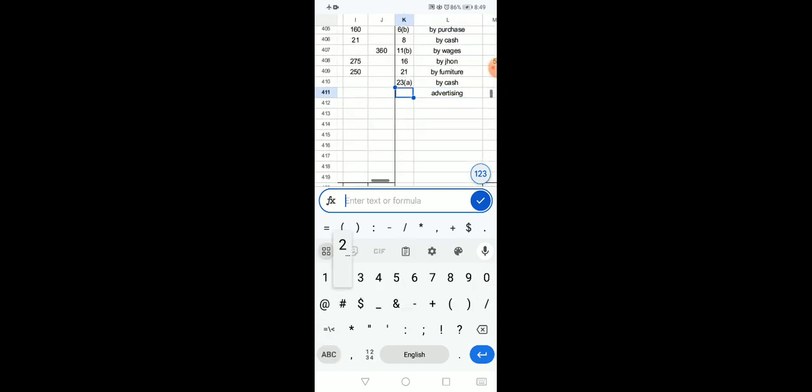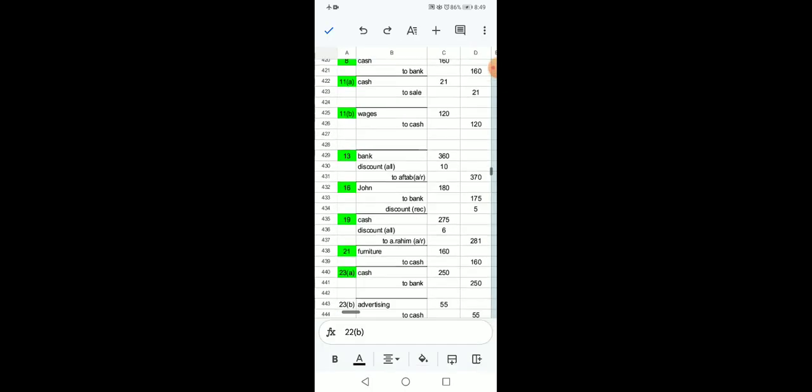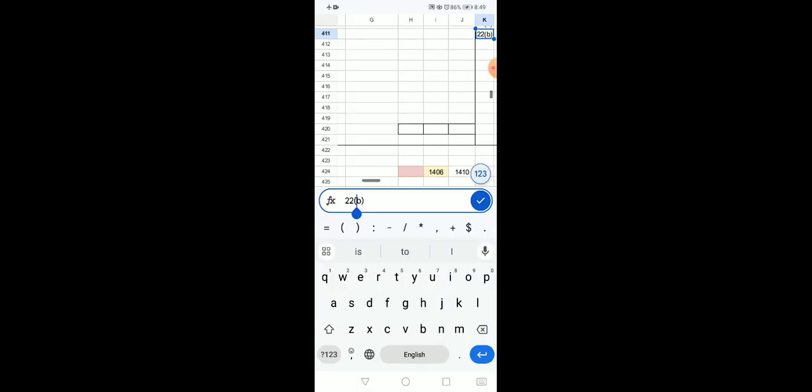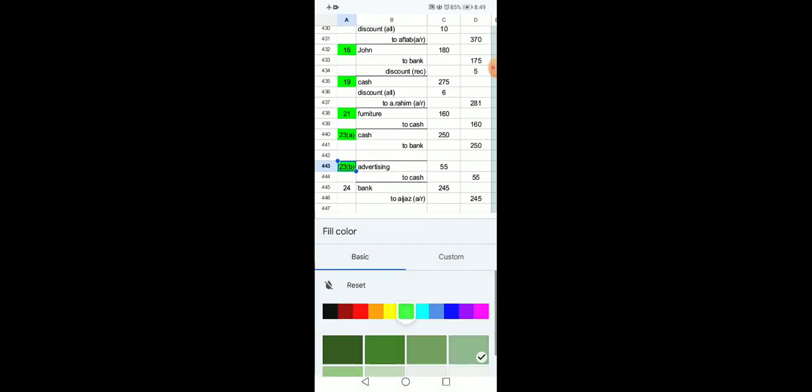So you will be writing 23B in the date column. Okay, dates are very important, that is why I have taken time to edit it. 23B was having only one element that has been posted, so mark it as it has been done.